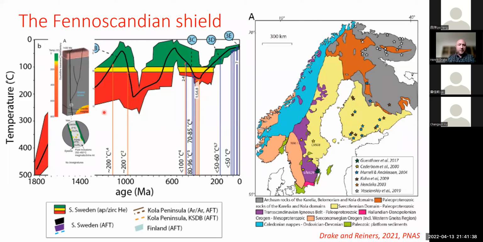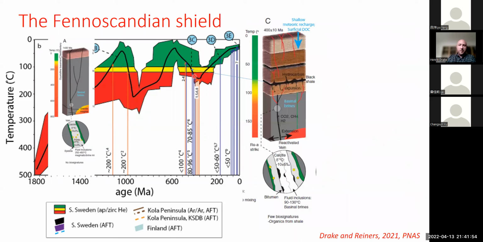So this reflects different states when we have been at different depths in the crust. In the beginning, the rock portion that we are looking at the surface now was very deep, several hundred degrees, and we had no biosignatures in the veins. But as we got into these areas, we got sedimentary cover, and we got a lot of hydrocarbons and black shales, expulsion of bitumens down into the basement, and we started to get biosignatures, carbon isotope signatures in the veins.